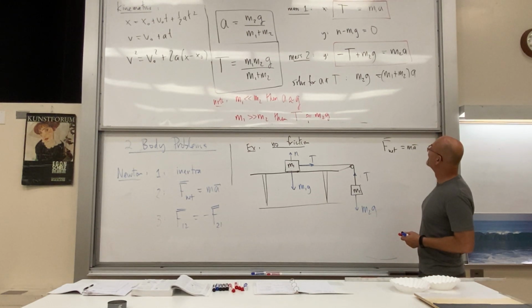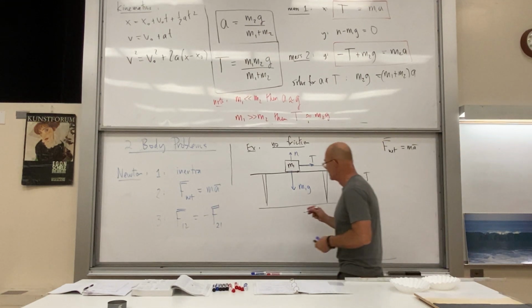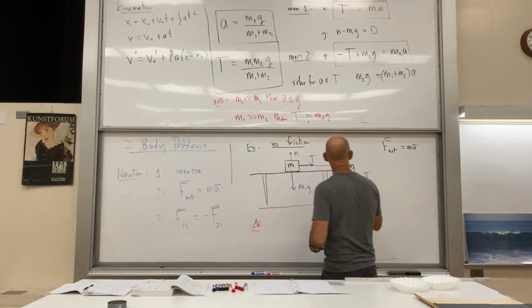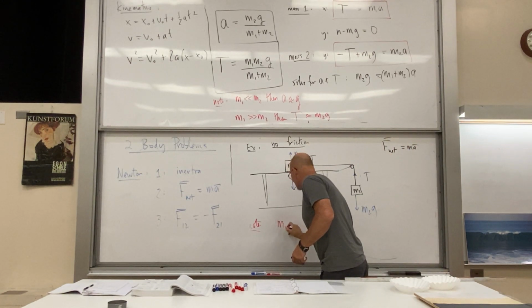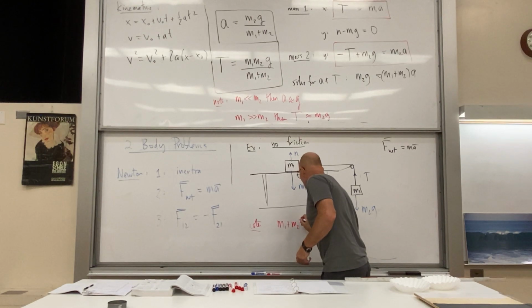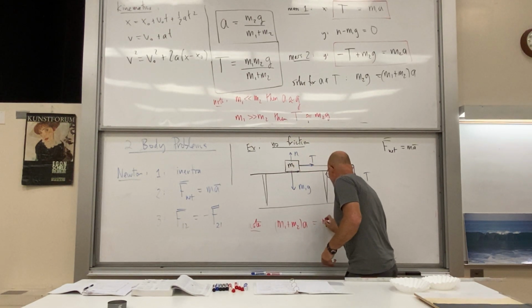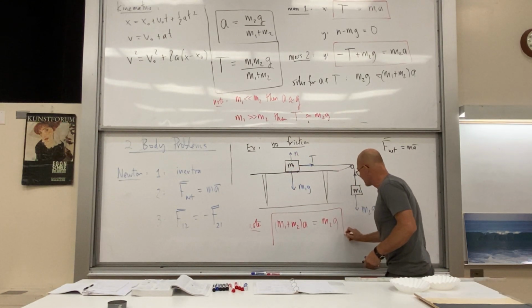Here's something else we could note. So that answer that I just got right up here, I'm going to write it out. Equals m2g. Think of this as Newton's law again.